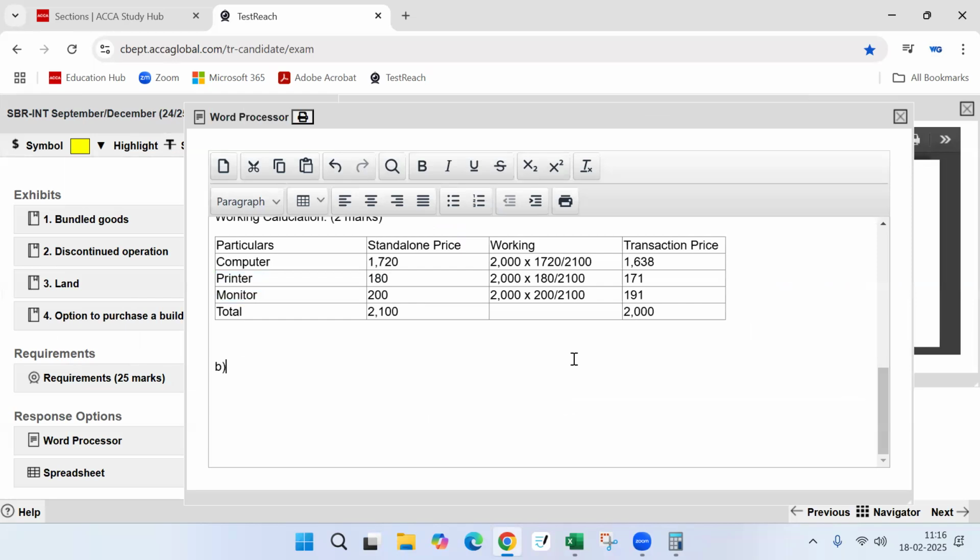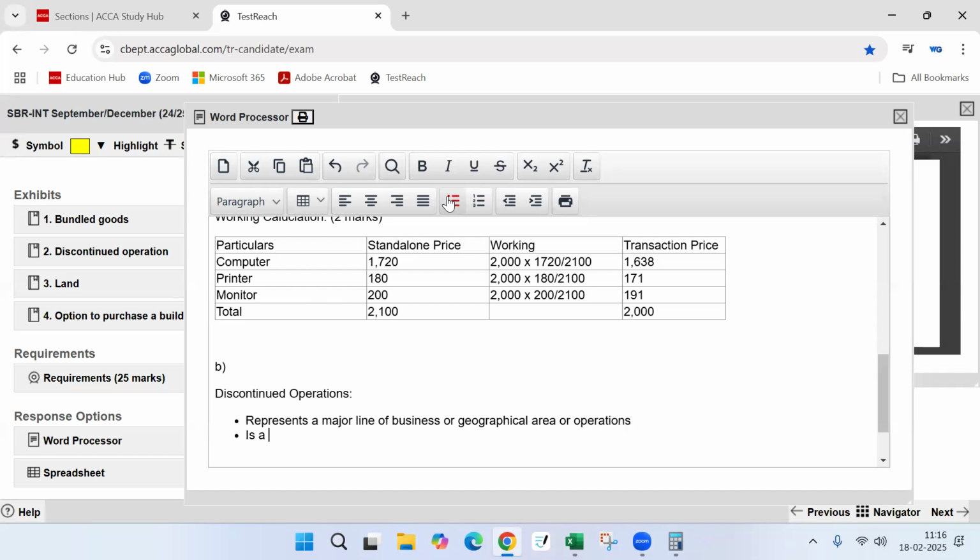So let me summarize whatever we have said. Firstly, what is a discontinued operation? I'm going to write the definition of a discontinued operation. A discontinued operation, number one, represents a major line of business or geographical area of operations.